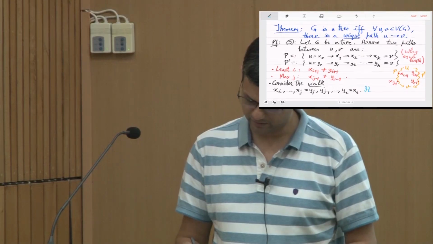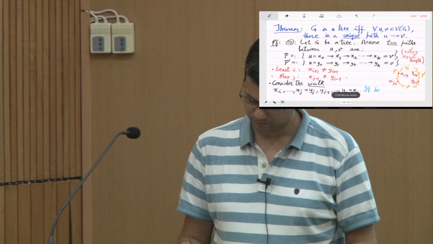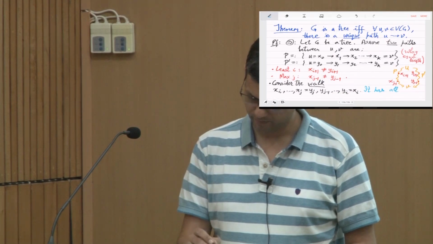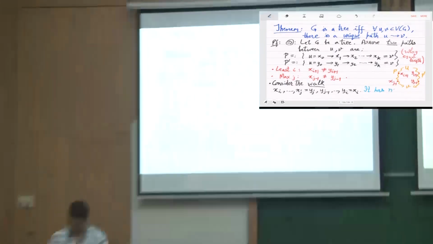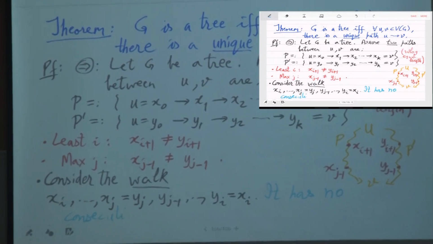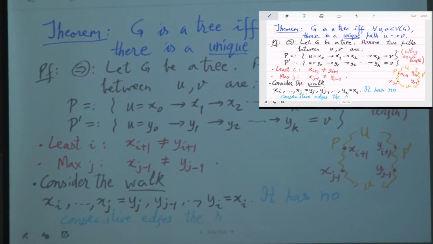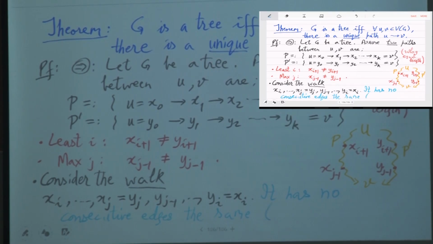So it has no consecutive edges the same. So this is because p and p prime are paths.